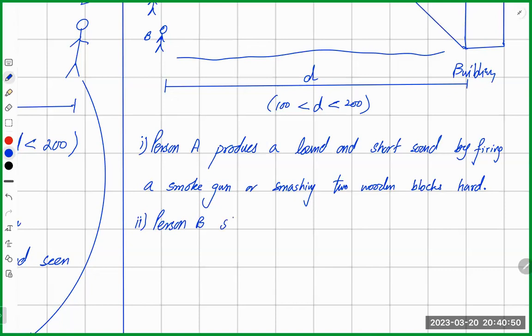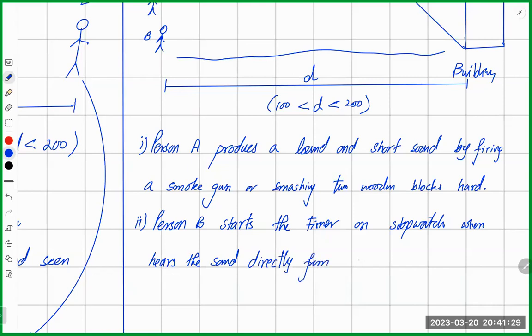Person B starts the timer on the stopwatch when he hears the sound directly from the source, and stops the stopwatch timer when he hears the echo.